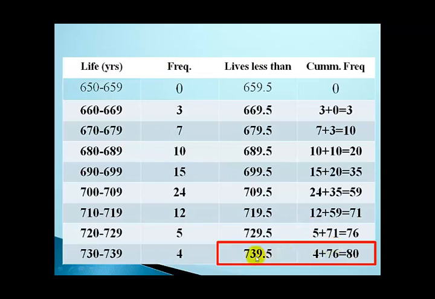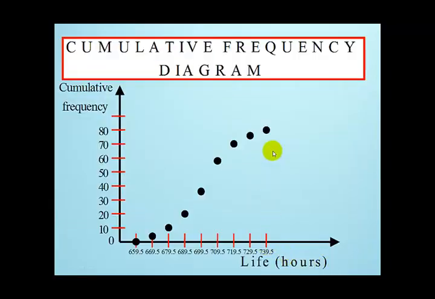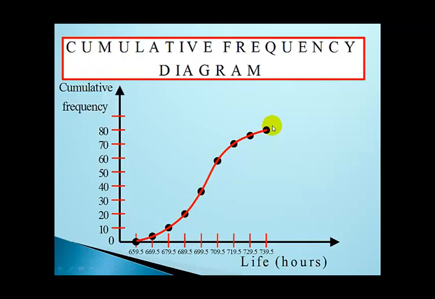Then 739.5 against 80. So we are done with locating the points on the graph, and we now join the points together freehand. We do a freehand joining of the points, and that is what we have. This is the cumulative frequency diagram.